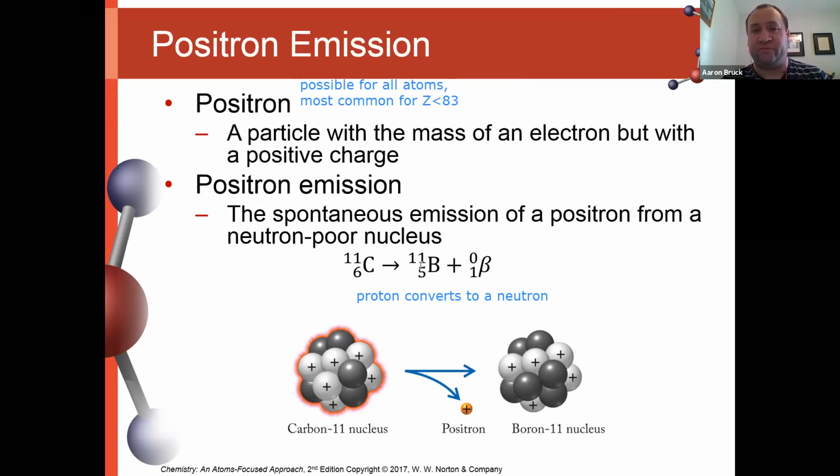Net result is a proton converts into a neutron, and we end up getting this positively charged particle coming out on the end. Now, positrons are essentially the antimatter analog of electrons. So a positron and electron have the same mass but opposite charges.